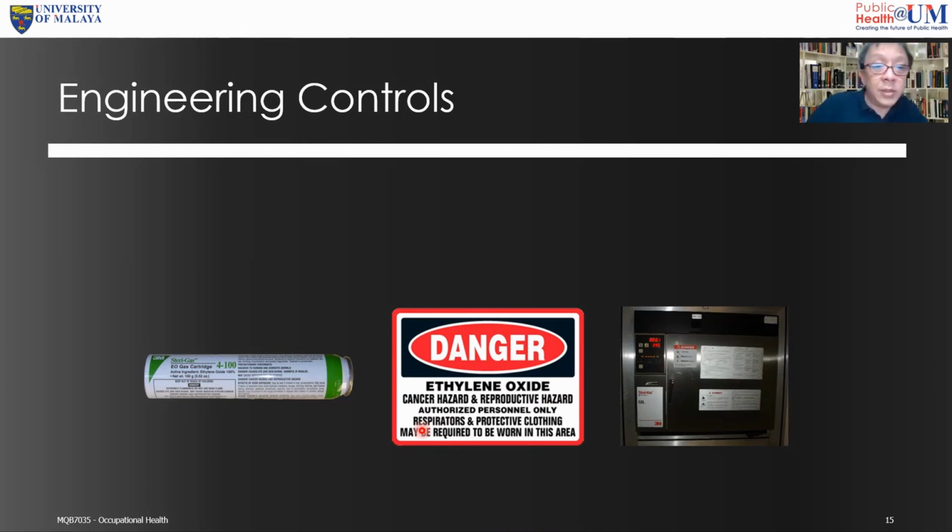This is what we call engineering control, where we design it into the system so the gas does not leak, if the equipment is functioning properly. That's why we must also combine both engineering and administrative control to ensure that the servicing and the machine function properly.